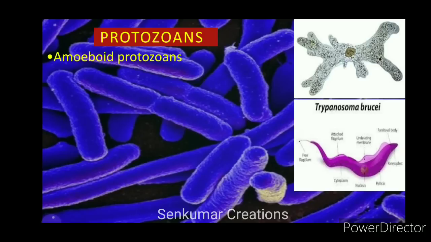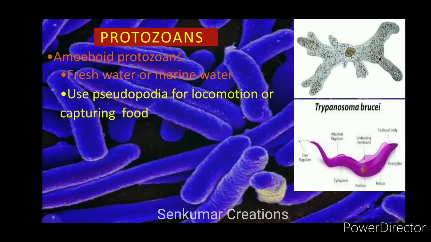So amoeboid protozoans are called amoeba, and are found in both freshwater and marine water. It uses pseudopodia for locomotion and for capturing food. The elongated part of this amoeba we call a pseudopodia. Podia means leg, pseudo means false legs.